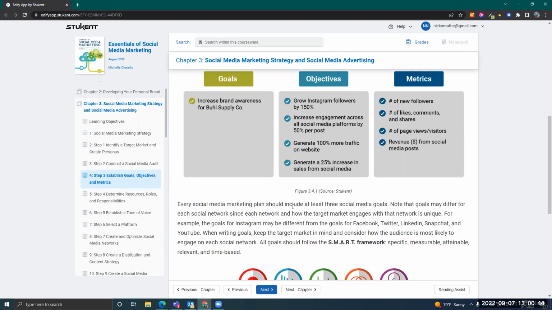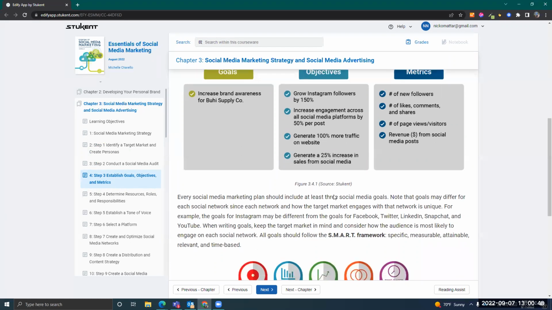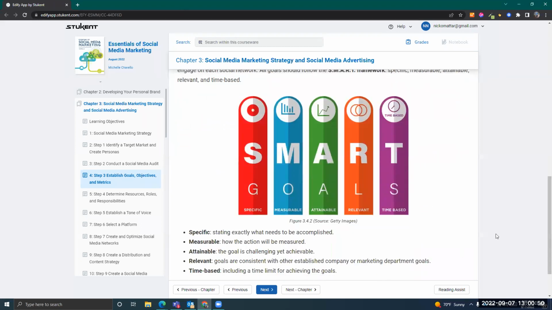They need to be attainable. They're all right here: specific, measurable, attainable, relevant, and timely. This is going to be an important thing on the final project, in that when you go to create a future strategy, the goals you set must be SMART.